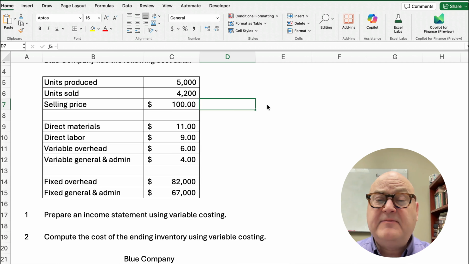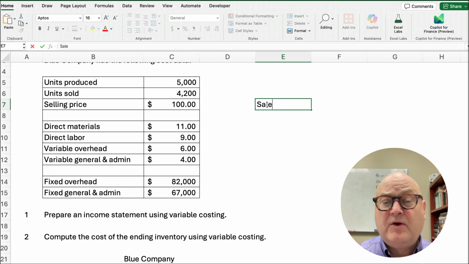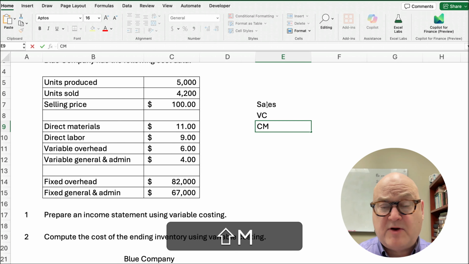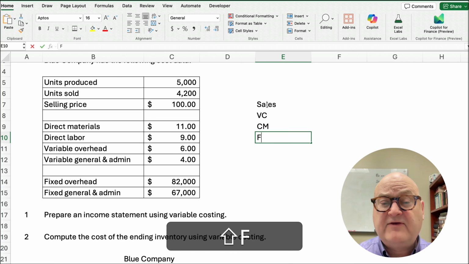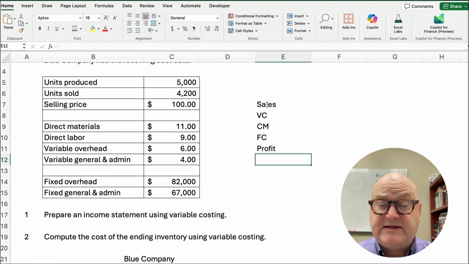Now, just to think about what we really know about the variable costing income statement, we're going to take sales minus variable cost to get contribution margin, and then we'll take fixed cost, subtract that out, and we'll get our profit or our net income. So that's our basic template. We're going to expand it just slightly.